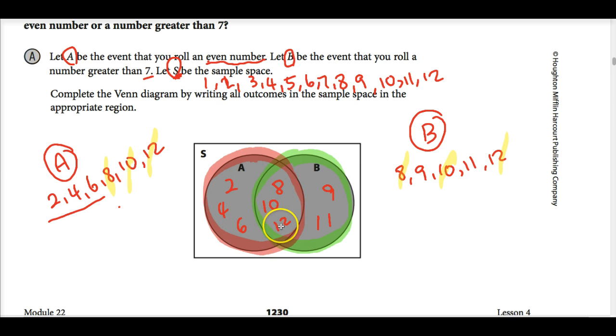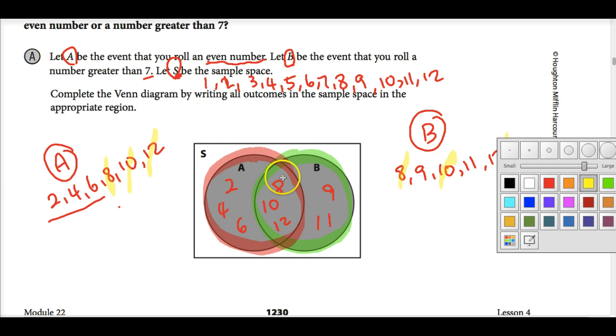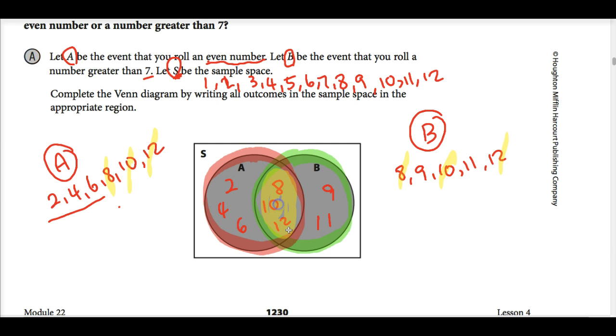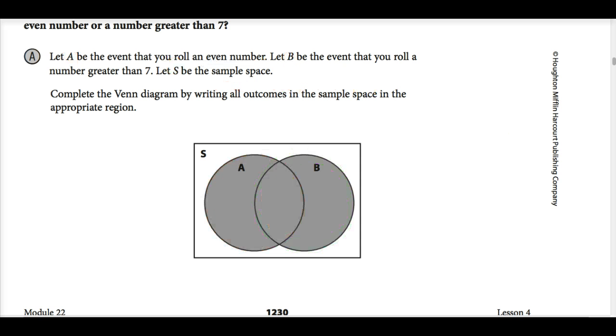So again, 8, 10, and 12 are shared by group A and B, because we have something in common in the middle, right here. This is what we call an inclusive event. You can go back up to check.